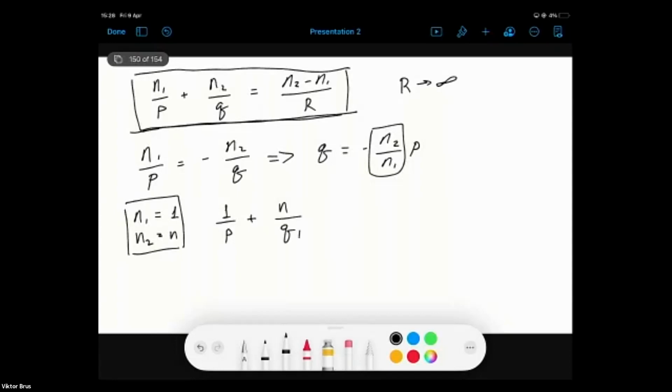It's the distance from the first interface to the image of this object formed by the first interface. And this is equal to N2 minus N1, which is N minus unity, divided by R1, because we are dealing with the first interface of the lens.